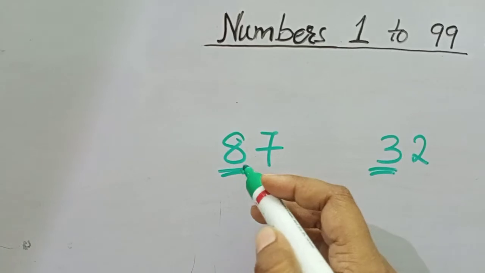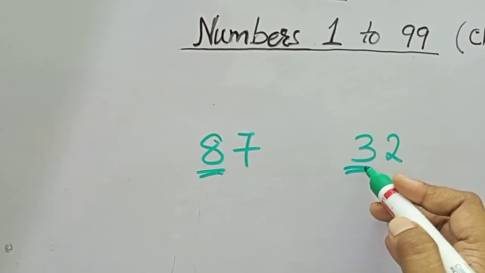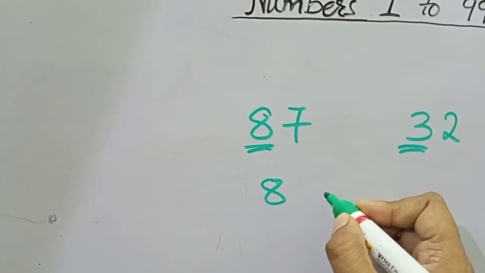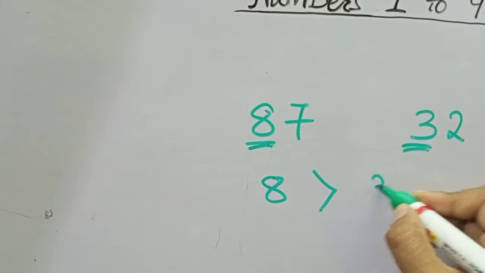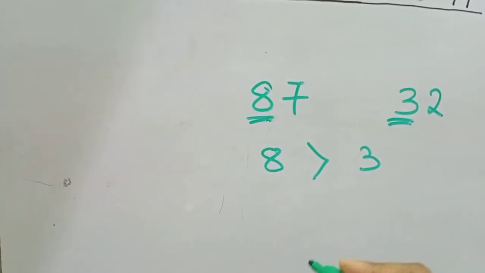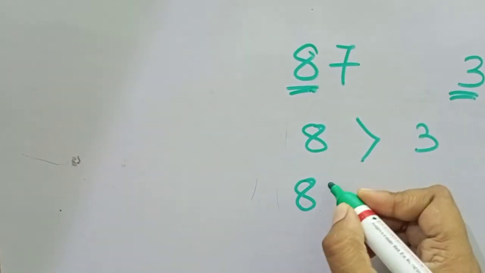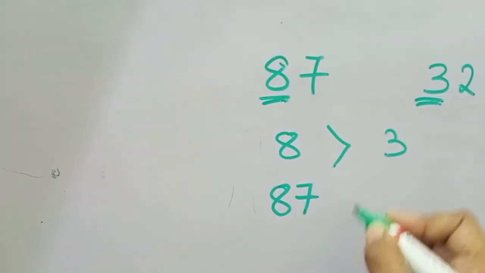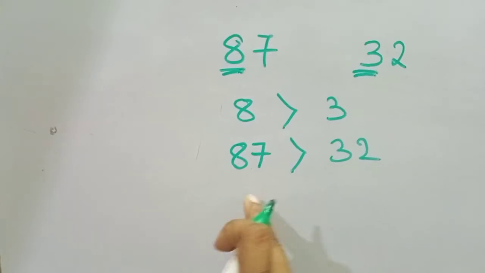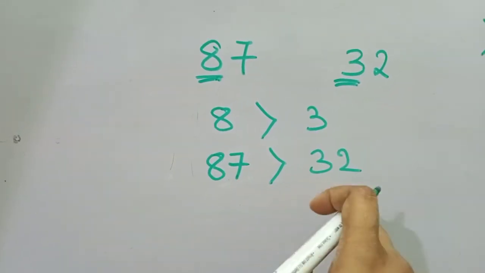See, here in the tens place it is 8, and in this number the tens place digit is 3. So very well we know that 8 is greater than 3. So from here we can directly infer that the number 87 is greater than the number 32, since the tens place value of 87 is more than that of 32.